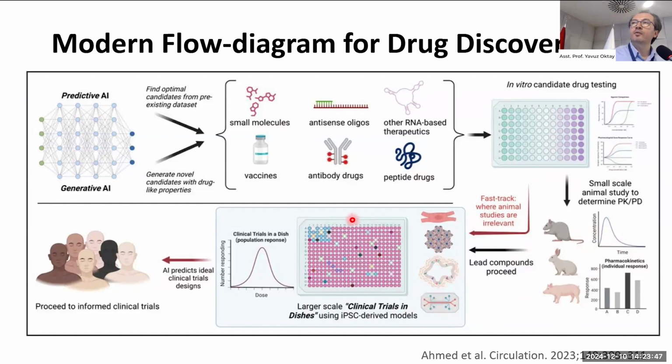These provide a lot more relevant model compared to 2D cultures and offer many advantages over animal studies. After this step, we can go to the clinical trials and achieve higher success.